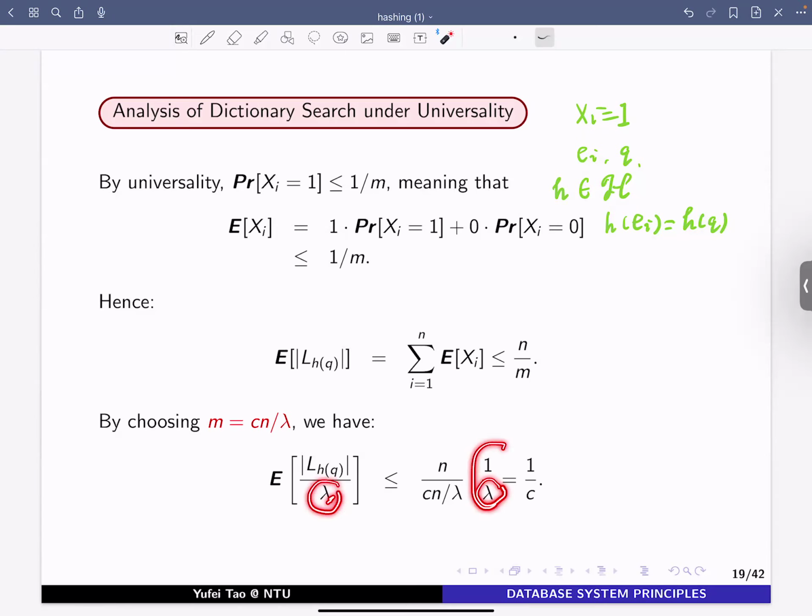So this basically takes care of this lambda here. And now you want to plug in this n over m into this position, right? On the other hand here, what I did is I also took care of the value of m. So I substituted this m with the value it should be taking, c times n over lambda. So that's how you got this term here, okay? So the nice thing is everything cancels off each other. So you are left with 1 over c. Okay.